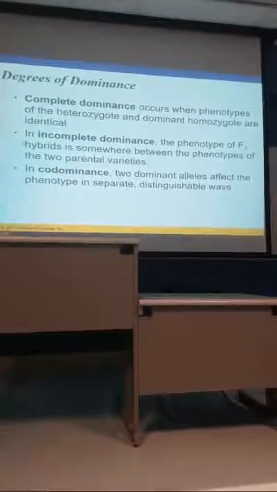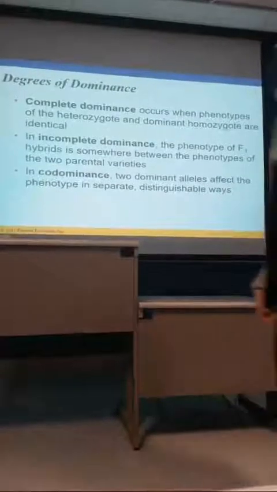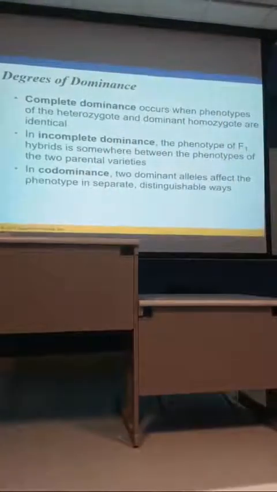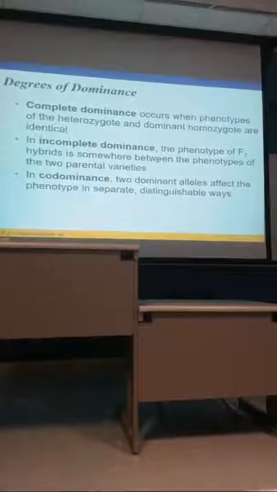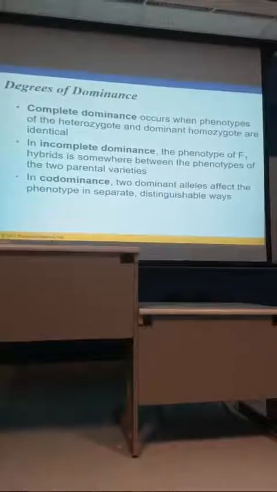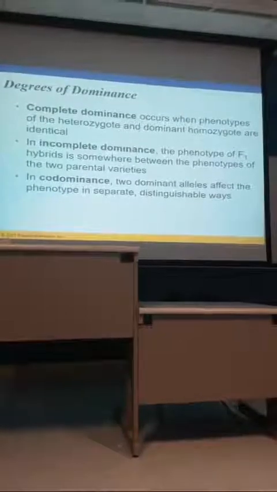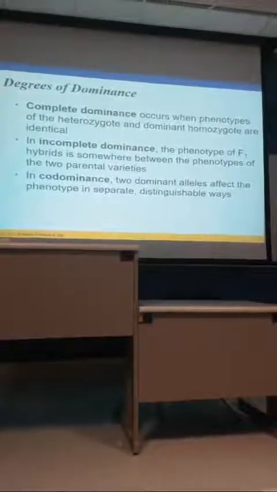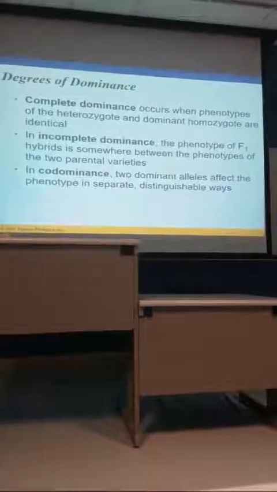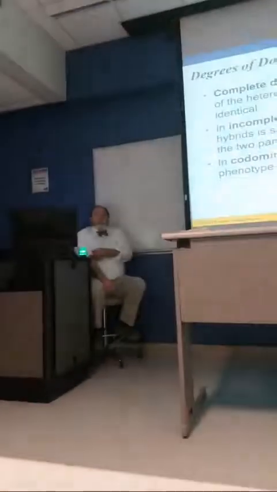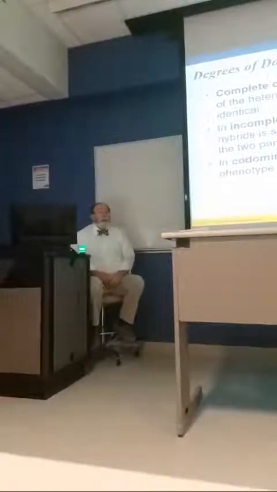Incomplete dominance is a little bit different. The phenotype of the F1 hybrids is somewhere between the 2 values. So if we had a red flower and a white flower, the offspring will be pink for the heterozygotes, and we'll see that.